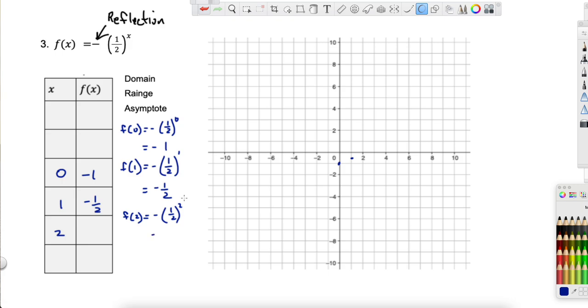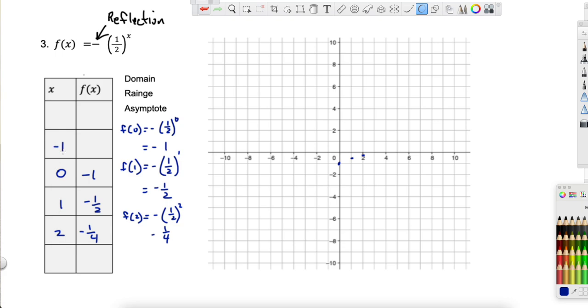So that 1/2 to the second power is 1/4. So I'm at -1/4, so I'm at 2, -1/4. Okay, so we're getting closer and closer to 0, and you can see here, no matter what I put in for x, it's never going to get to 0. It's just going to get closer and closer to 0 from the negative side.